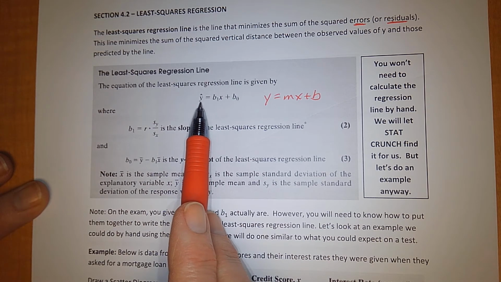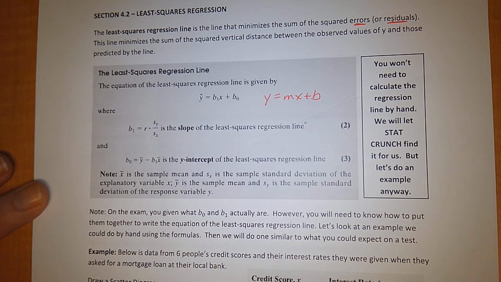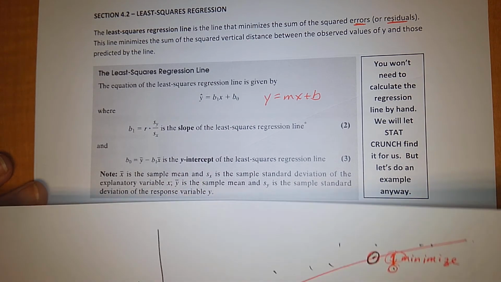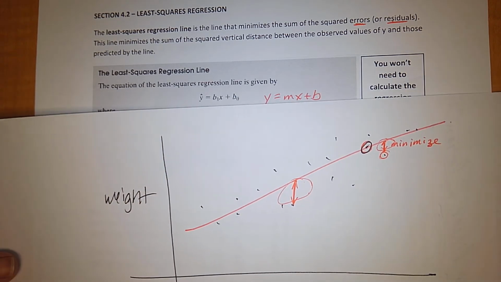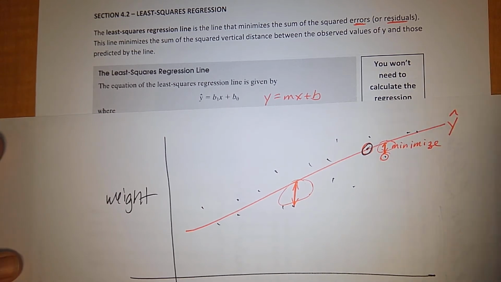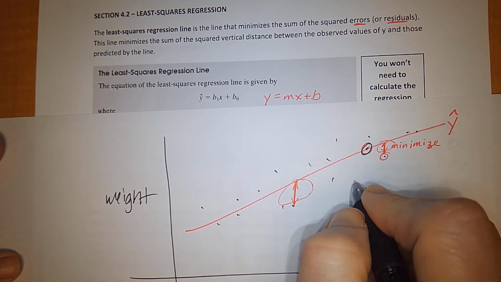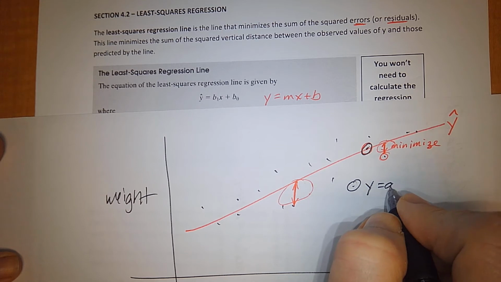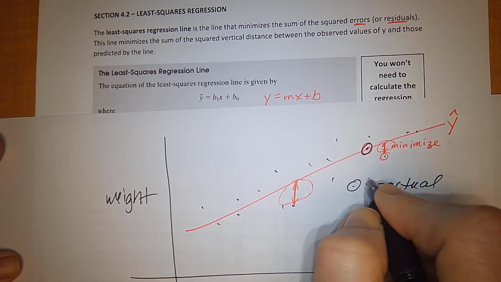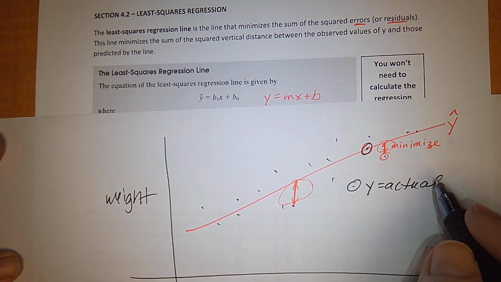First thing, we call it y hat instead of y, because y hat is simply the predictor. As you can see in this graph that I did earlier, this line is the line of y hat. Each of these individual points is the actual value, so it doesn't get the hat; it's the actual y value.